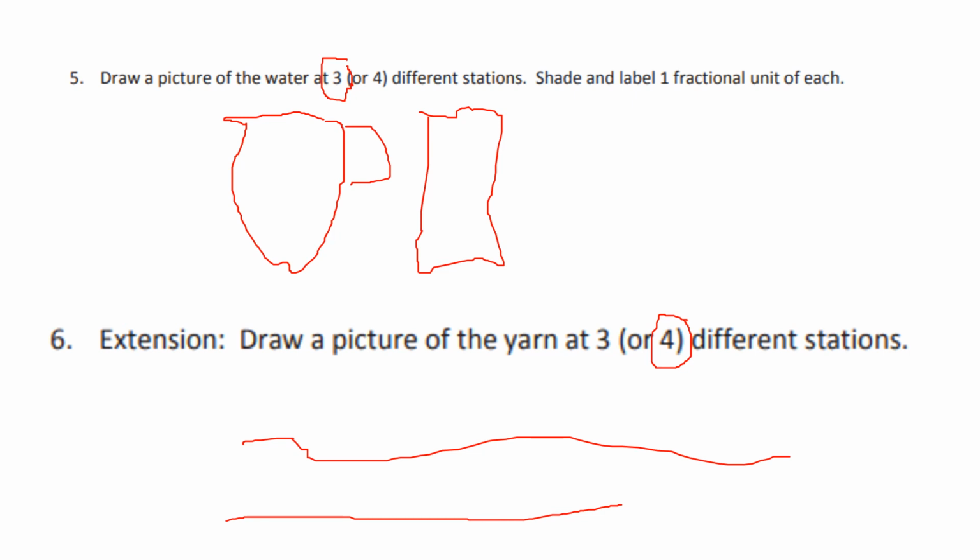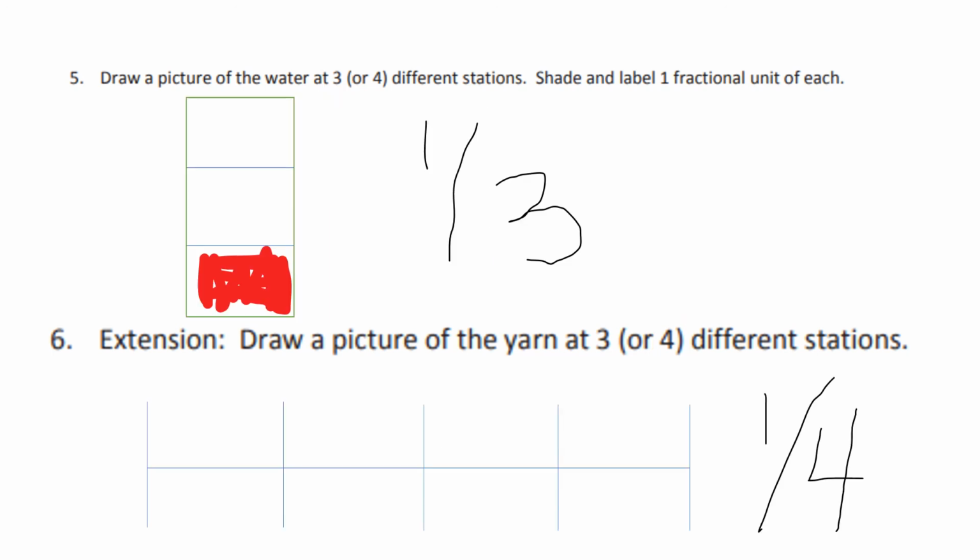If you choose not to do the extension one, that is okay. All right, so I'm going to go over the answers. So here we see number 5. I made a rectangle because it kind of would be like a picture if I had the top and the handle. And I cut into 3 pieces, made a 1/4. Here's my string down here.